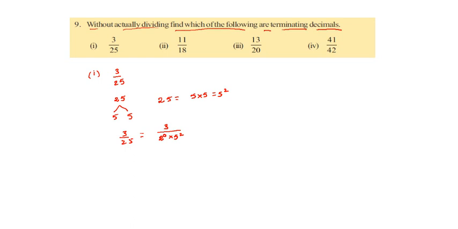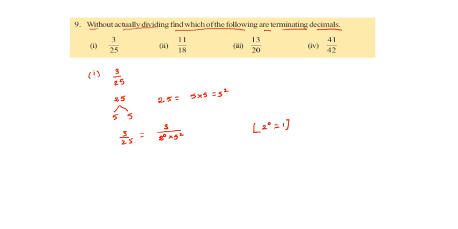Here there is no 2. 2 to the power of 0 means 1. So there is no change in the denominator. 1 into 5 square, 5 square means 25. So there is no change here.